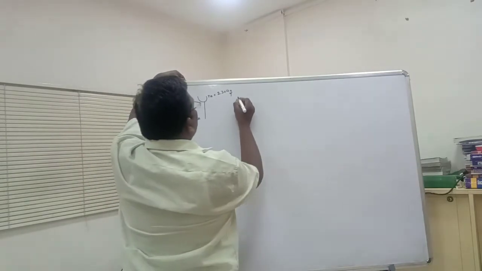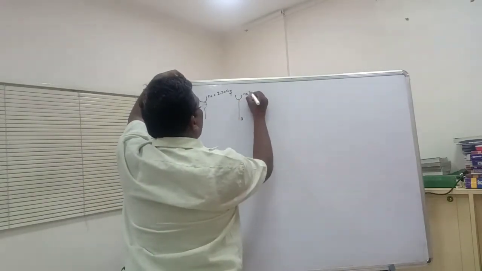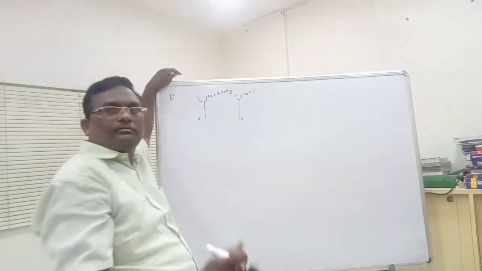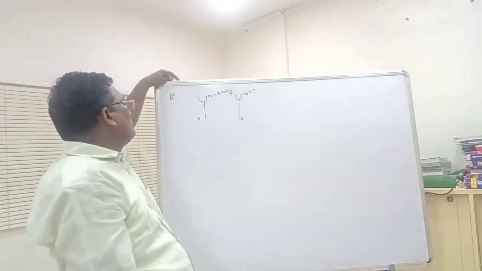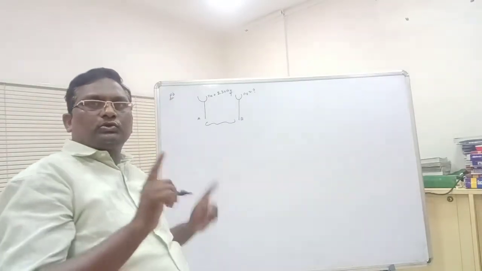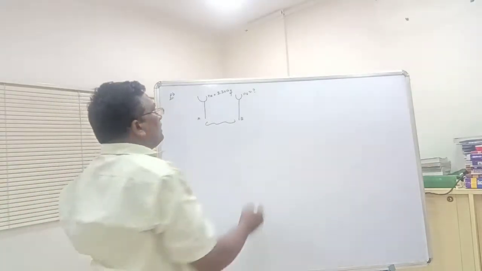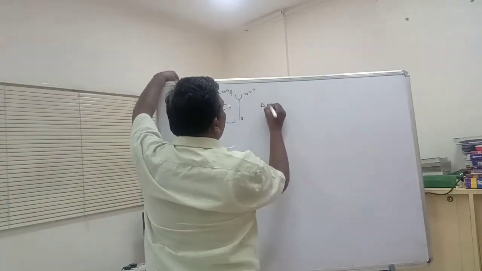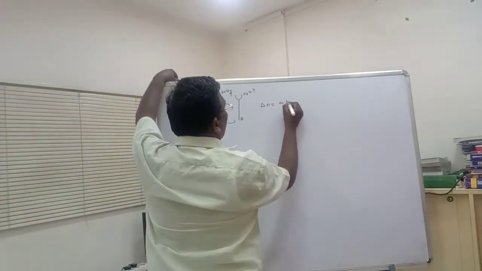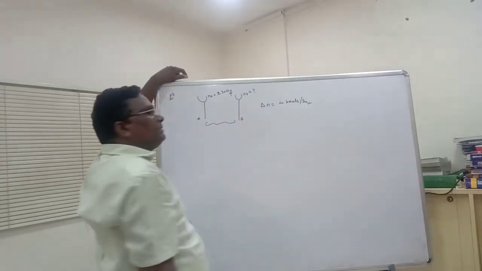Now it is tuning fork B. I don't know the frequency of this fork B. Now these two tuning forks are vibrated together. Then I am getting beat frequency equal to 4 beats per second.